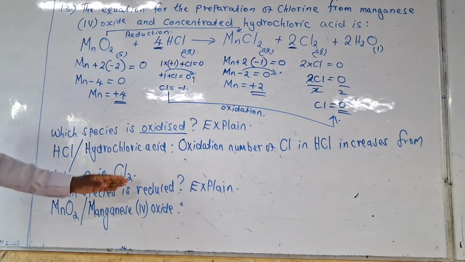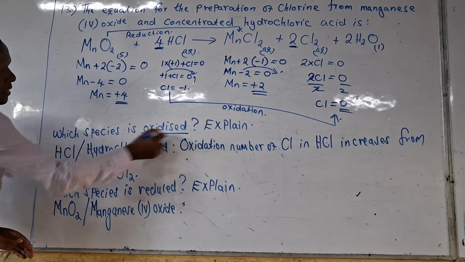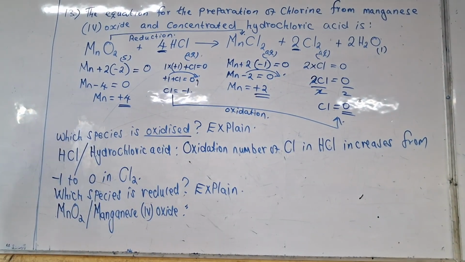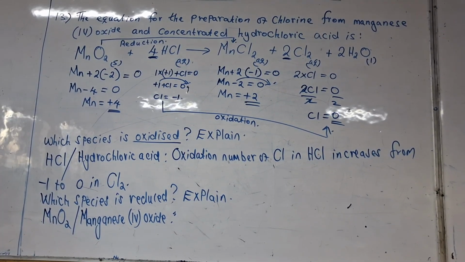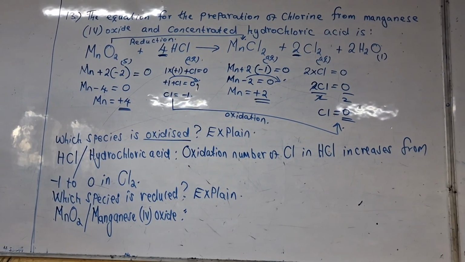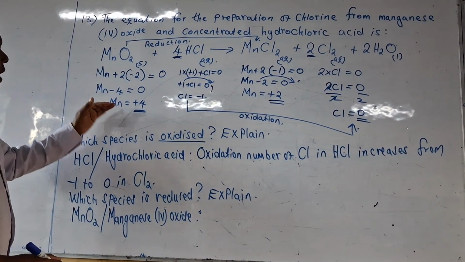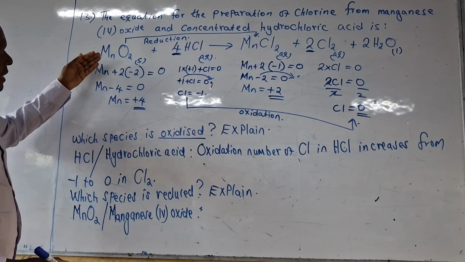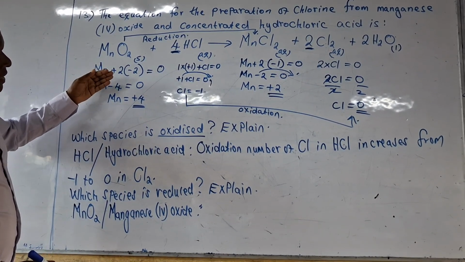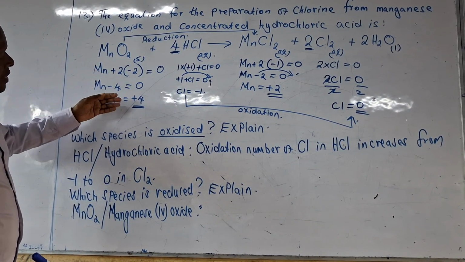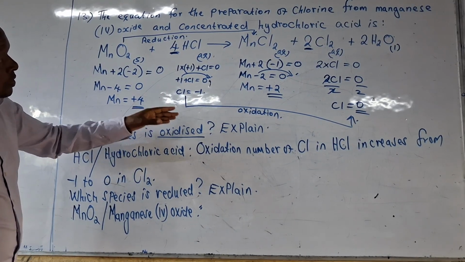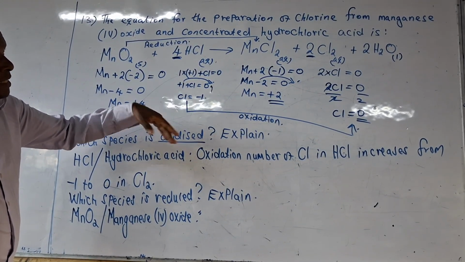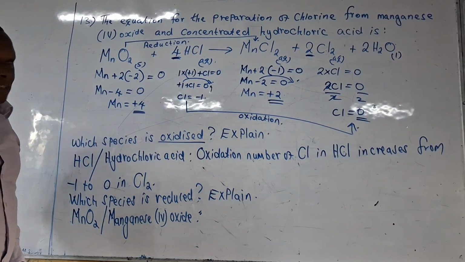Now, we have answered the first part. Now we have not answered what? Explain. What is the explanation? The oxidation number of manganese in manganese(IV) oxide has decreased from +4 to +2 in manganese chloride. Are you together?